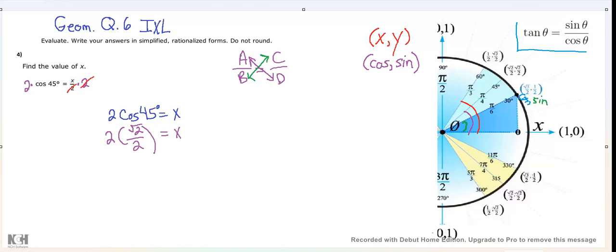So we'll simply multiply that. 2 times the square root of 2 gives us 2 times the square root of 2 over 2. And then these cancel out. 2 divided by 2 is 1. So x equals the square root of 2.